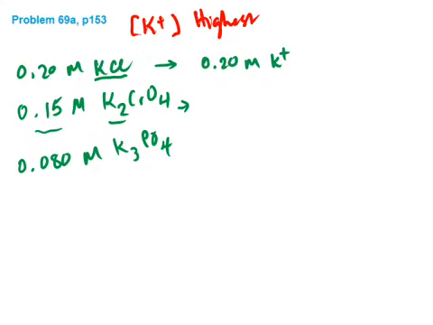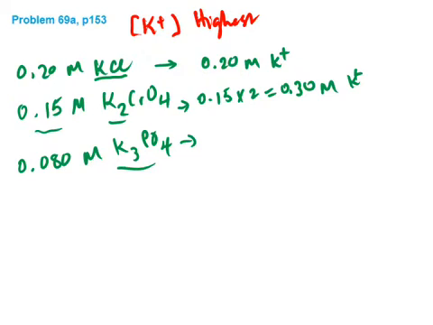Okay, now in this case it's going to be 0.15 times 2, because for each molar concentration you'd have 2 molar K plus coming out of this compound. So this gives you 0.30 molar K plus.